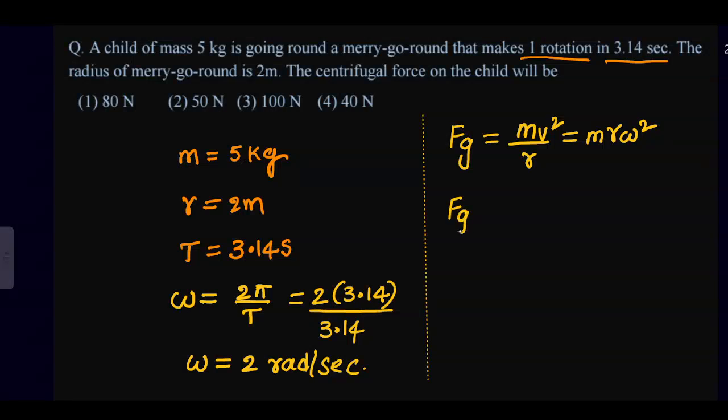So centrifugal force is m r omega square. From this we can get Fg. The mass m is 5, r is 2, and omega value is 2, that is 2 square. So the centrifugal force is 40 newtons.